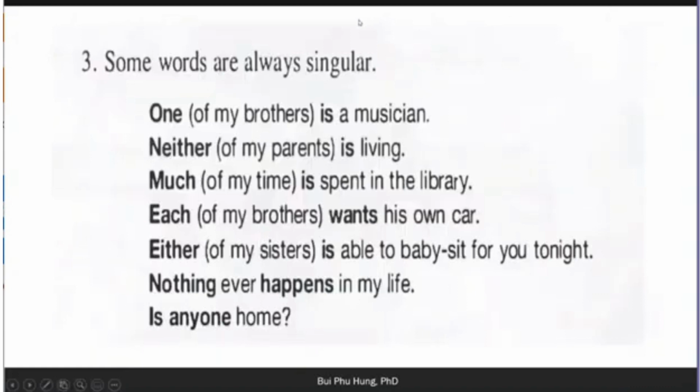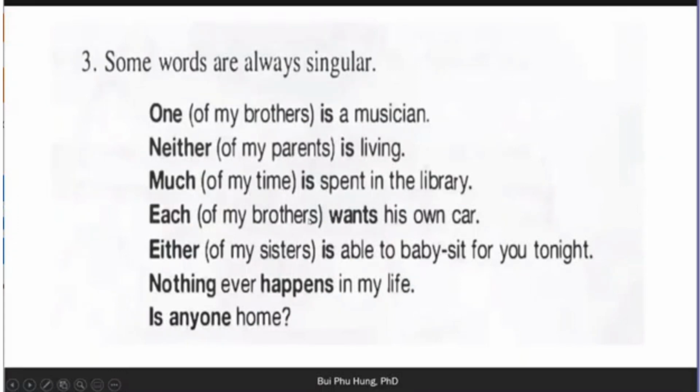Some words are always singular. One of my brothers is a musician. Neither of my parents is living. Much of my time is spent in the library. Much here is singular.